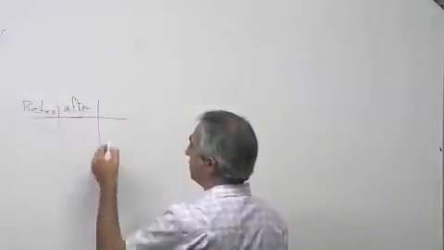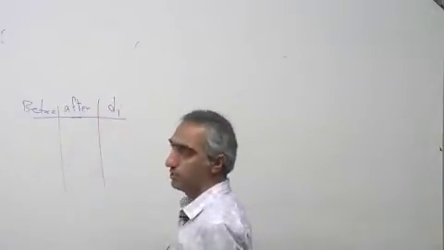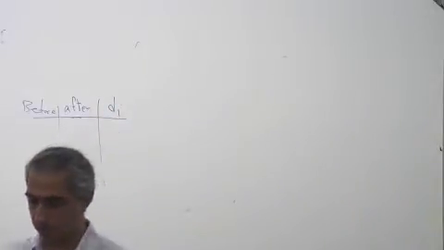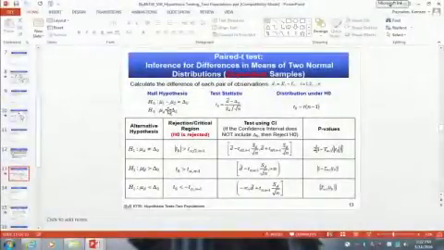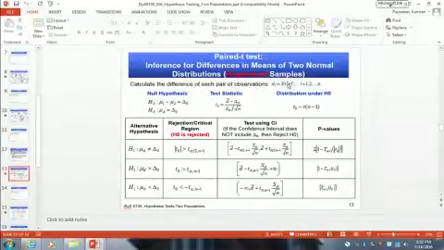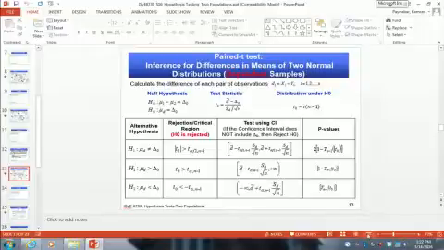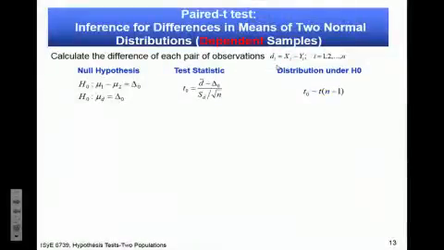Then what we need to do is calculate di, which is basically the difference of these two observations, and instead of making inferences on the original observations, we make inferences on the difference.